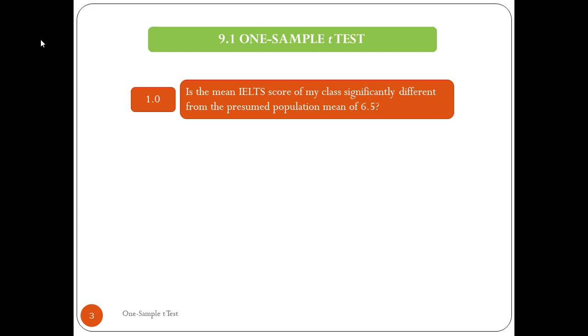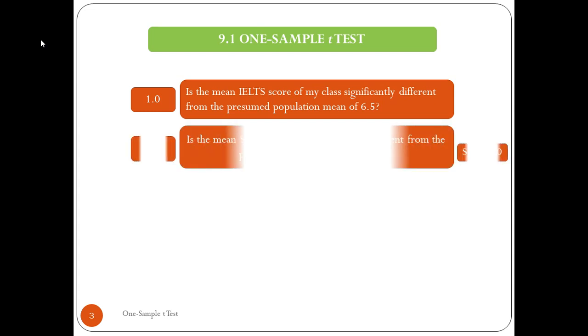You can see in this research question, the researcher tries to compare the mean score of his class or his sample with the hypothetical population mean. So this kind of research question is going to be handled by a one sample t-test. In other words, a one sample t-test is designed to answer such a research question.